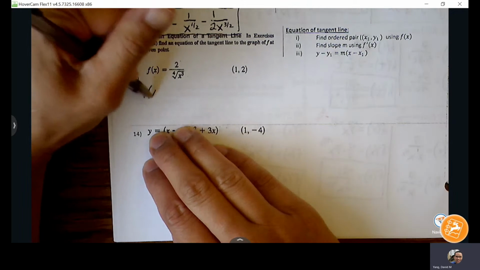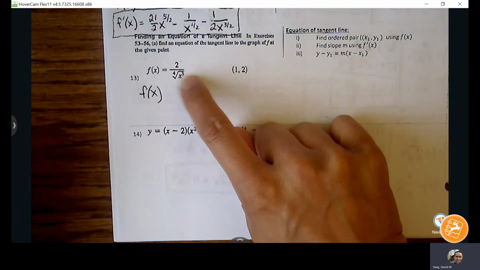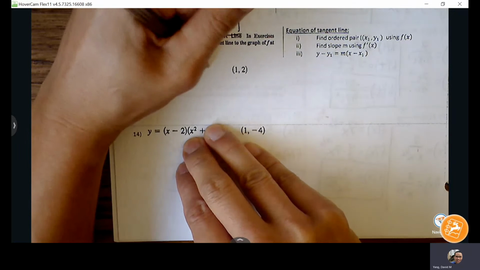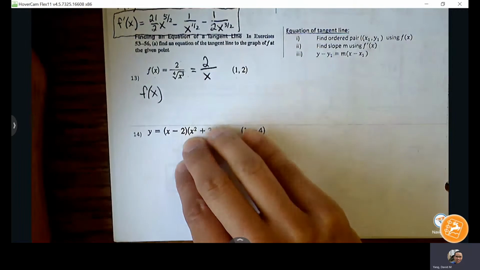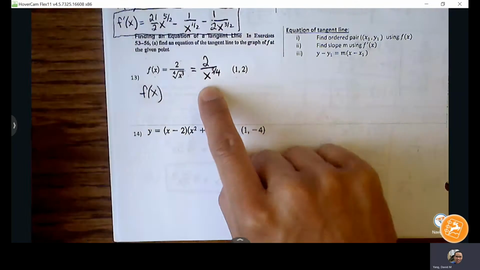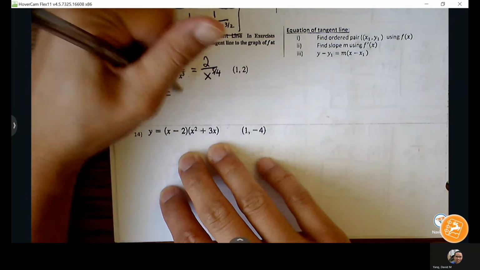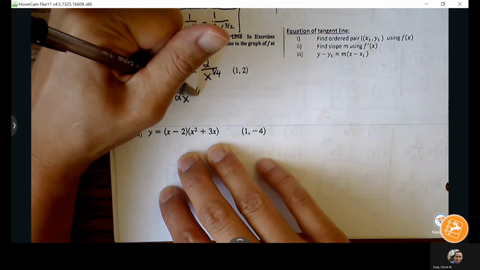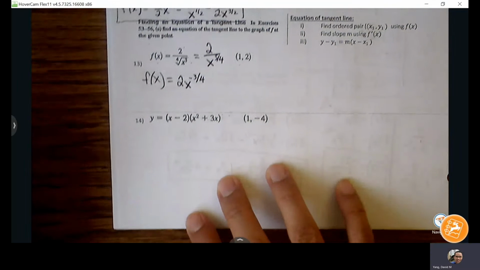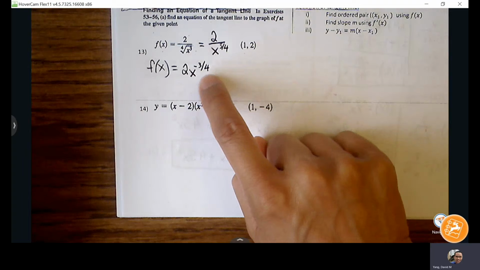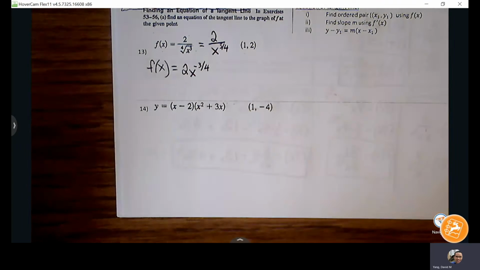We see that this radical needs to be adjusted, and it's also in the wrong place. So this is really what, 2 over x to the what power? Great, fourth, and then we have to push it up to the top, right? Okay, so once we have our cleaned up version of our expression, we can do power rule.